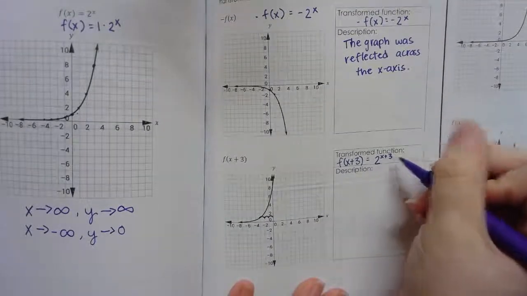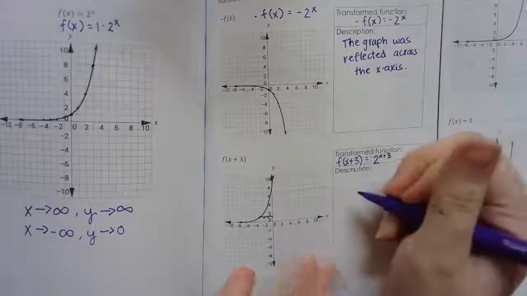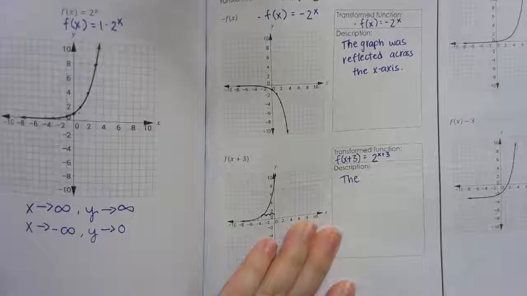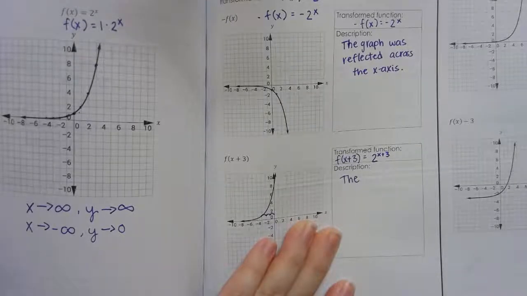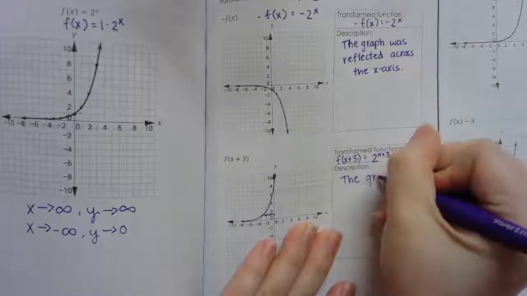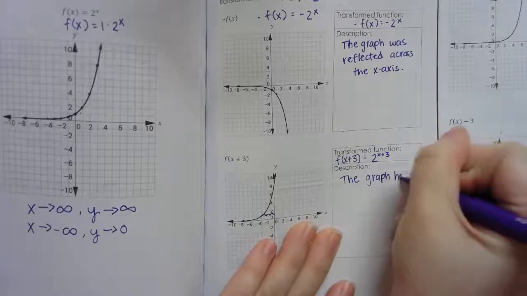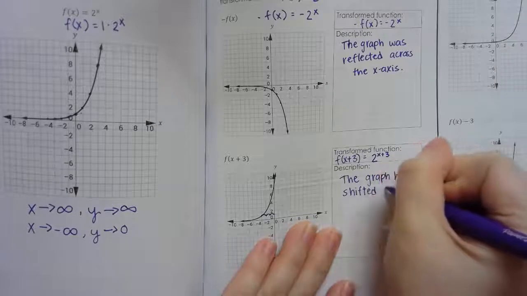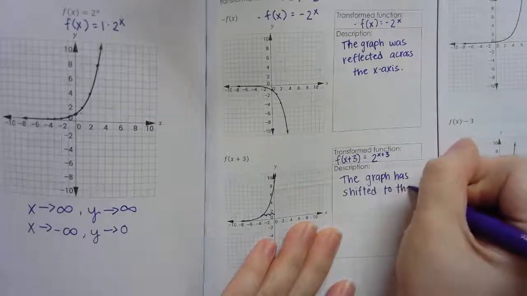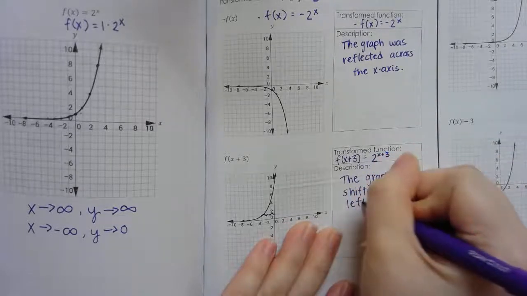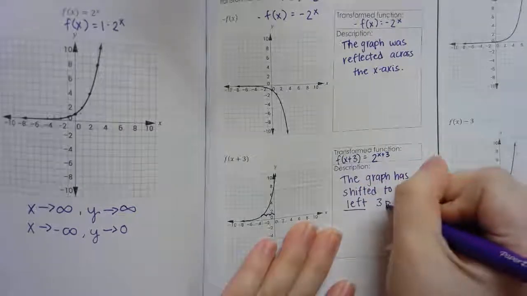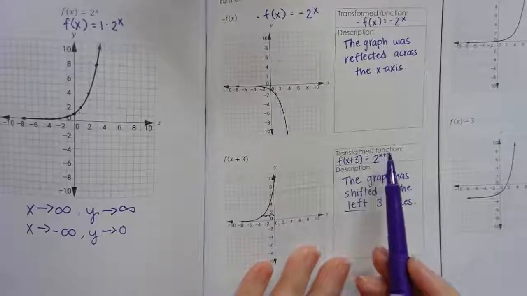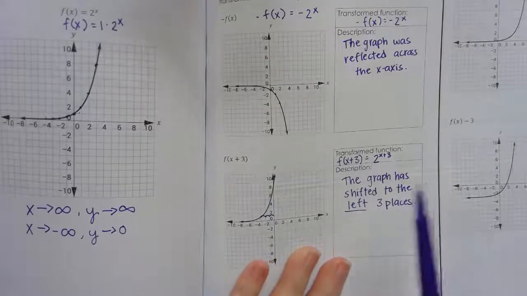So if it's plus 3, but it's moved 3 to the left, I'm going to put the graph has shifted to the left 3 places. So when I change just the x-coordinate within that exponent, it's opposite.